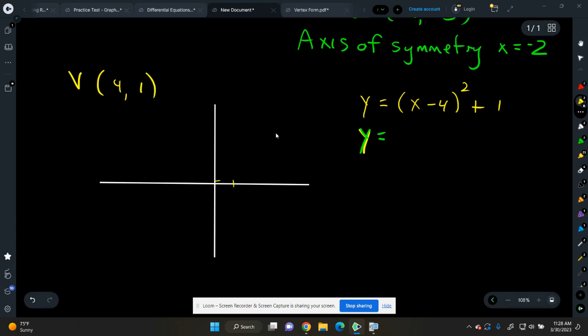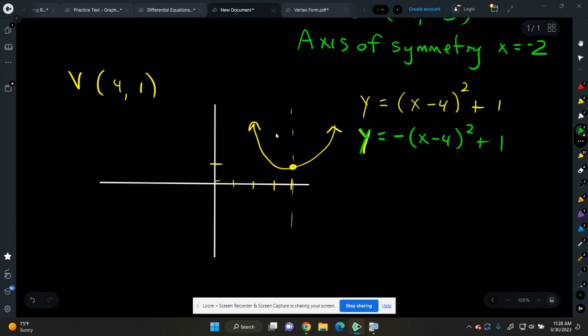Okay. 1, 2, 3, 4, 1. There's my vertex. Right, here's my axis of symmetry. Graph it. Great. Okay. Well, what if I had y equals negative (x minus 4) squared plus 1? What's going to happen? Upside down. What's the vertex of that parabola? Same thing. Yeah. The axis of symmetry and the vertex are the same.